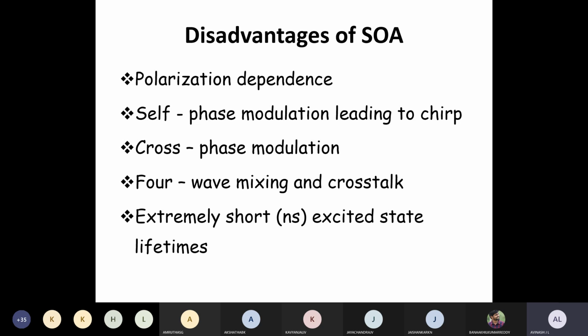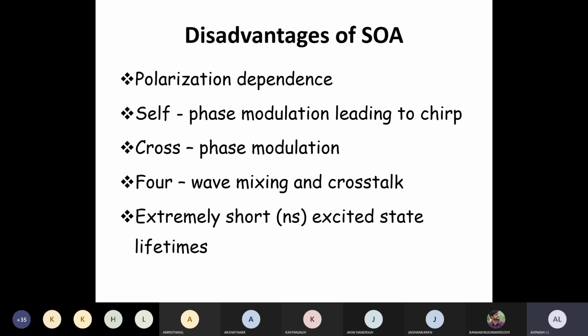When self-phase modulation is happening, there may be chances of chirp arising. You know that very well. Chirp is some unwanted signal being generated. That should not happen, but since we are using self modulation, that may lead to generation of chirp.